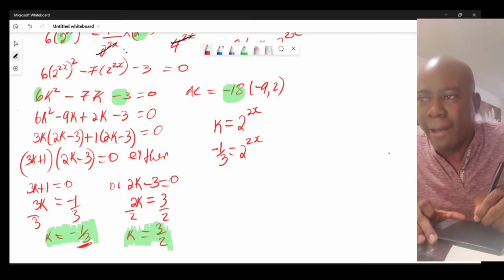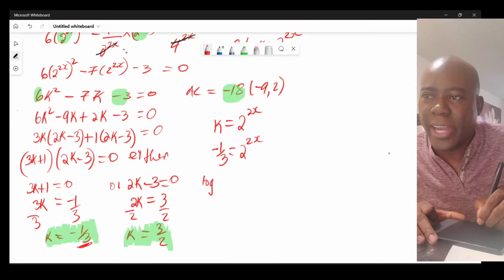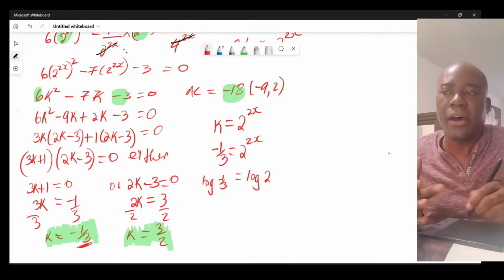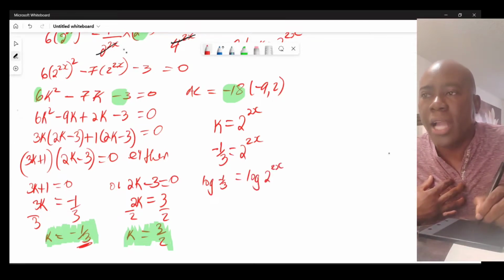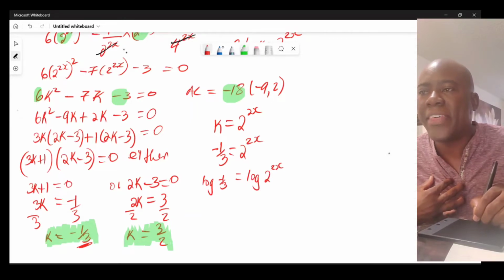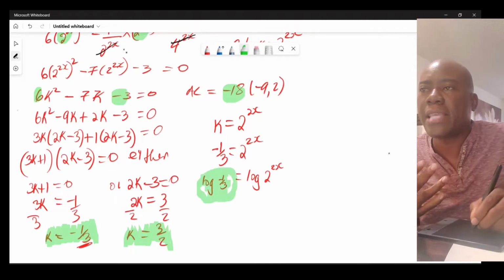So I'm going to drop the log into this. I'm going to log negative 1/3, which I'm seeing is a big issue already, and I'm going to log 2 raised to the 2x. Already, I don't need to go any further. We cannot find the log of a negative number, which means this response is not applicable.